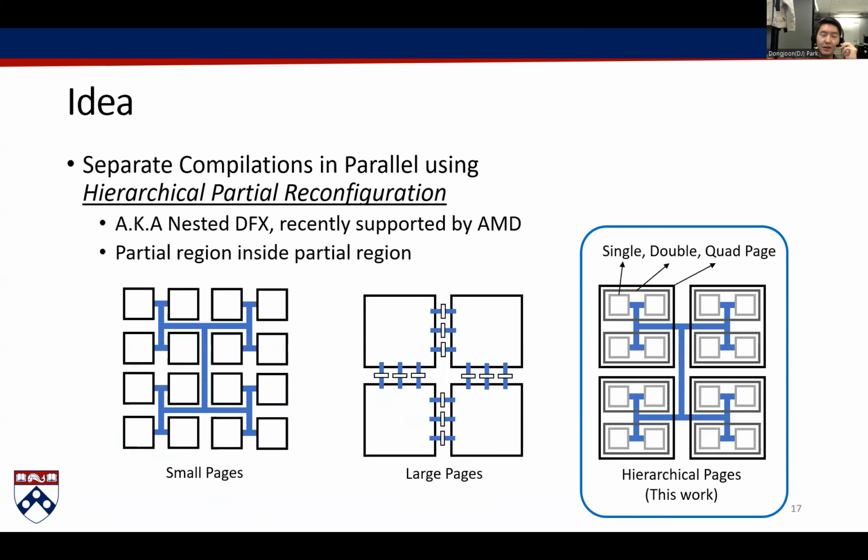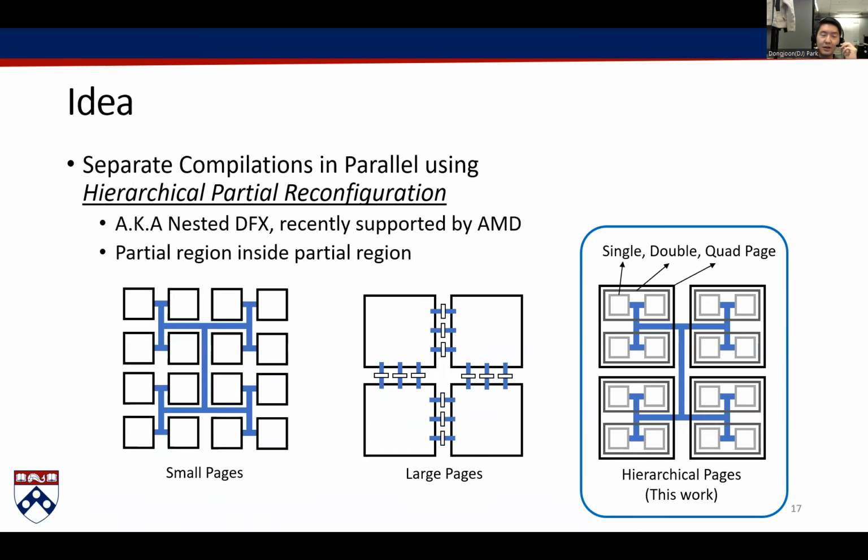To resolve all these issues, we proposed this idea, separate compilation in parallel using hierarchical partial reconfiguration, also known as nested DFX, recently supported by AMD Xilinx. Hierarchical partial reconfiguration is creating a partial region inside a partial region.